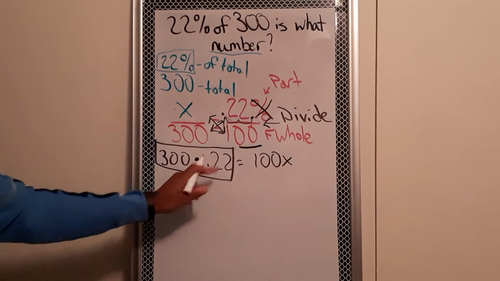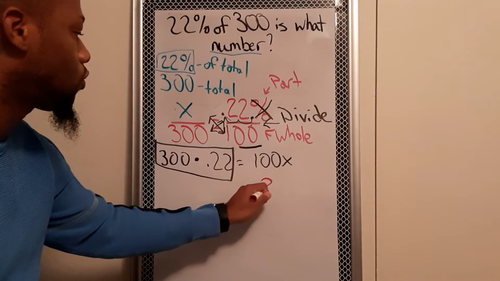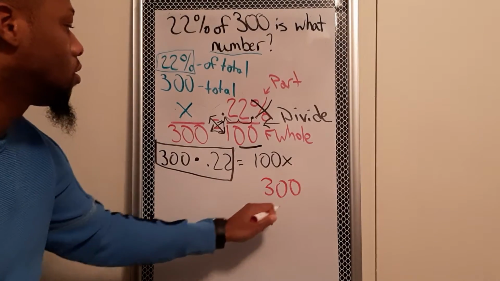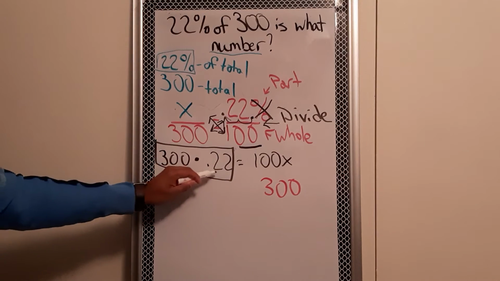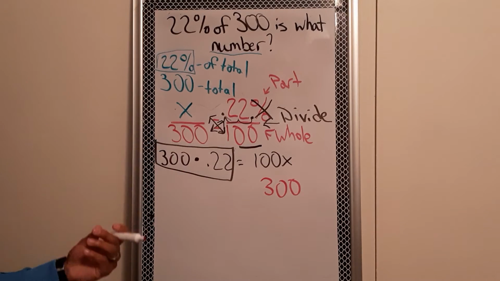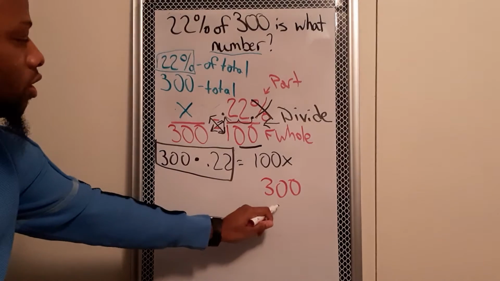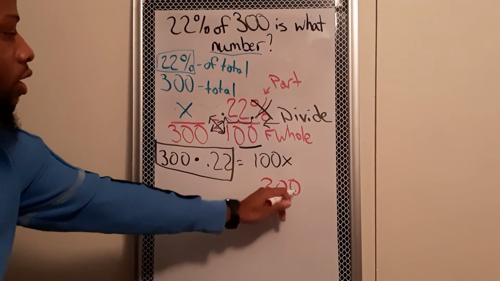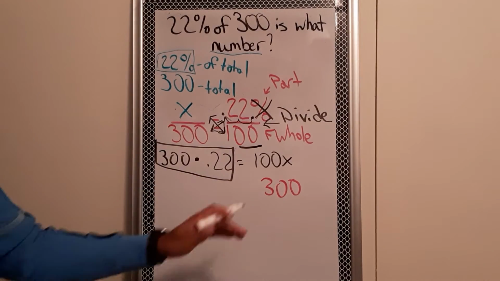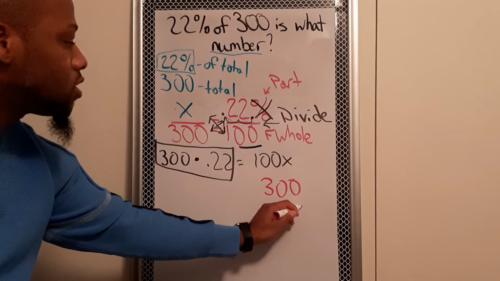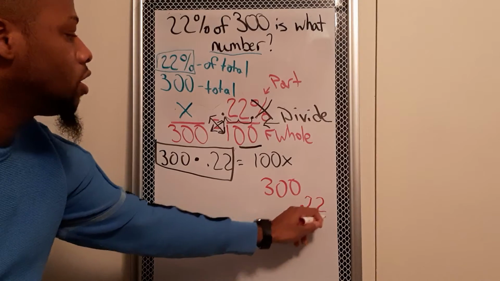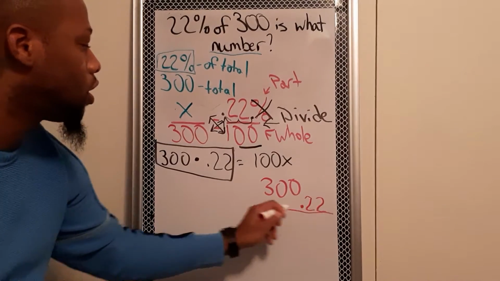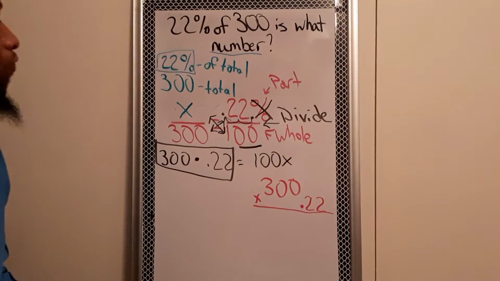First, we'll take our numbers and stack them. So I will have 300 and I will have 22 hundredths. Now, 22 hundredths is less than 1. So instead of stacking them with 22 hundredths directly under my 300, I'm going to move it over to the right of my decimal in my problem so that I know that my place values are lined up correctly.